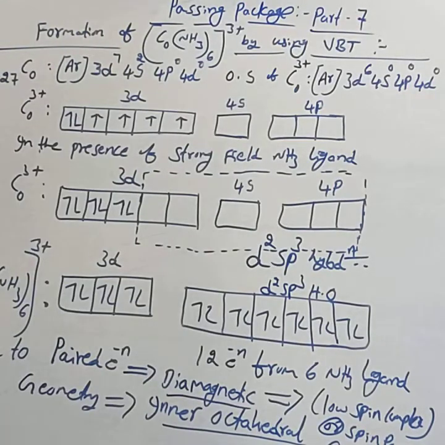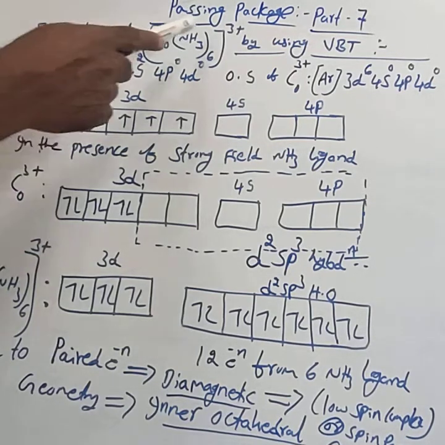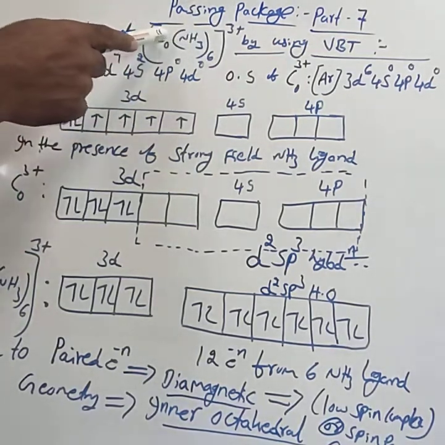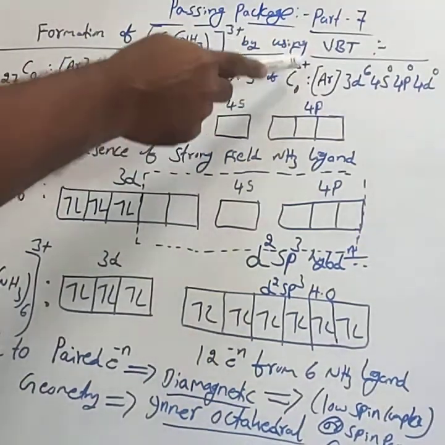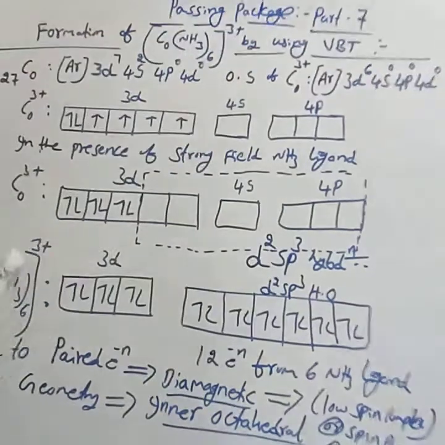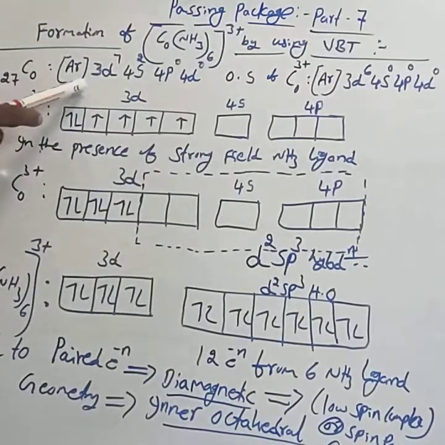This is about the formation of [Co(NH3)6]3+ by using valence bond theory. For that, you have to consider the cobalt ground state configuration, its oxidation state 3+ and its configuration represented in the box diagram.